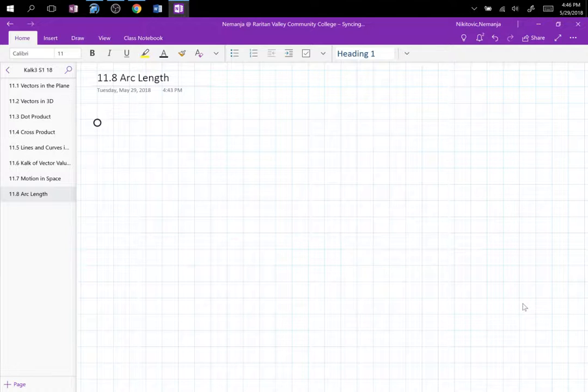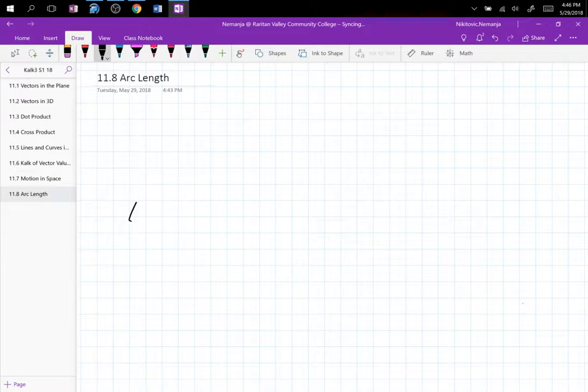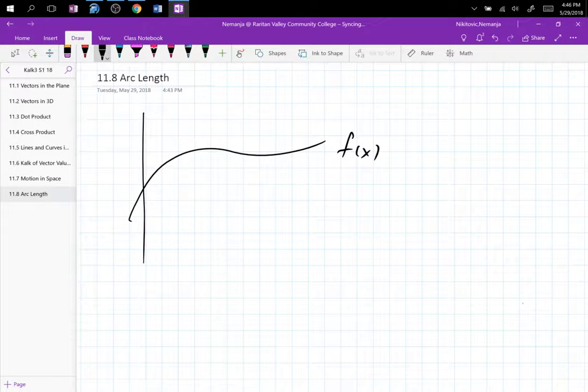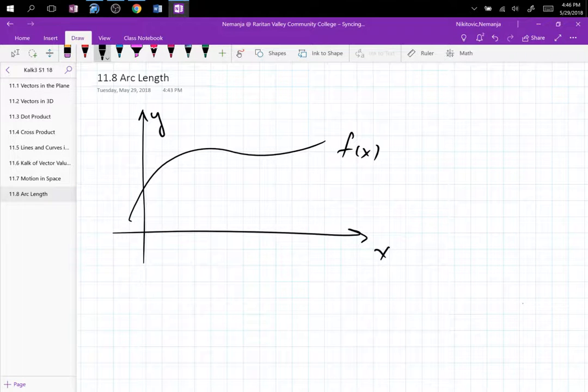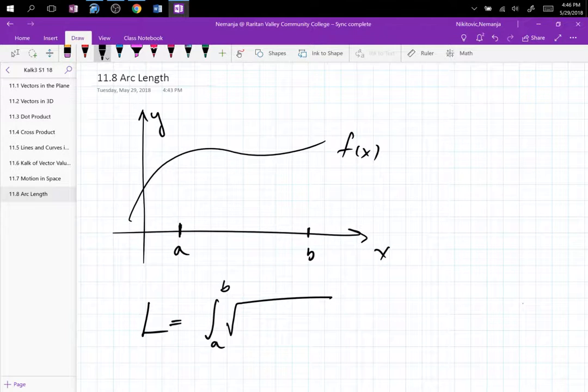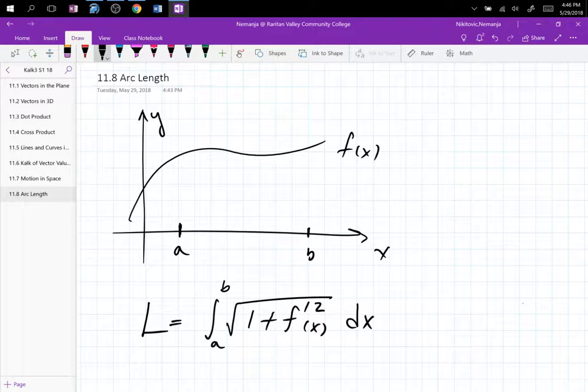We learned in Calculus 2 that if there is some kind of a curve, f of x, we can find the length of that curve between a and b by working out the integral from a to b of the square root of 1 plus f prime squared dx.